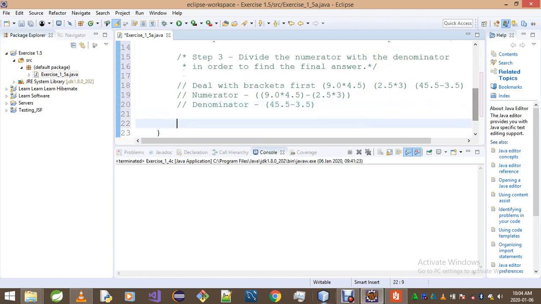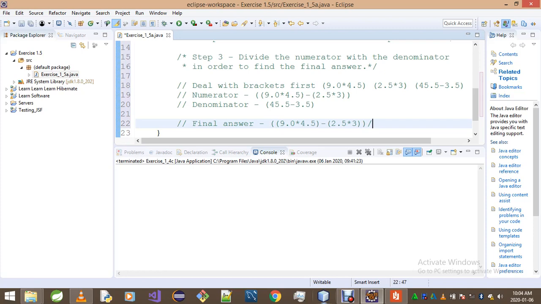Okay, now it is time to display our answer. So the final answer is this. Numerator. Here you gotta pay more attention to how I've laid out my brackets.